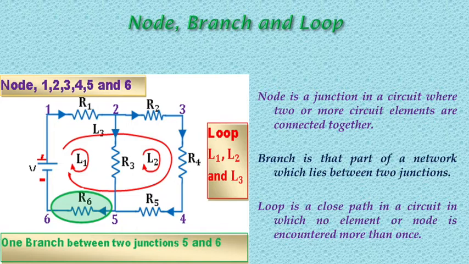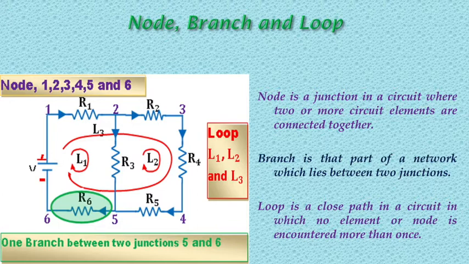Node, branch and loop. To explain node, branch and loop, let us consider a circuit as shown in the figure. The circuit elements in the circuit are 6 resistors R1, R2, R3, R4, R5, R6 and voltage source V. A node is a junction in a circuit where two or more circuit elements are connected together.